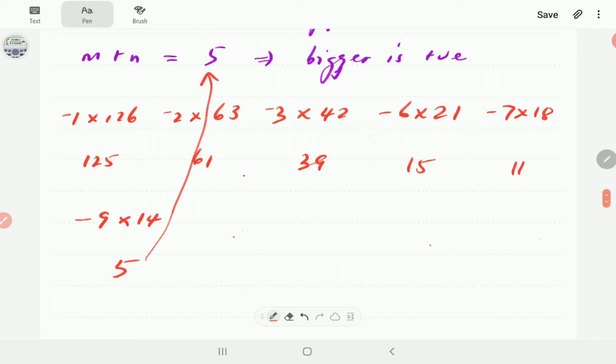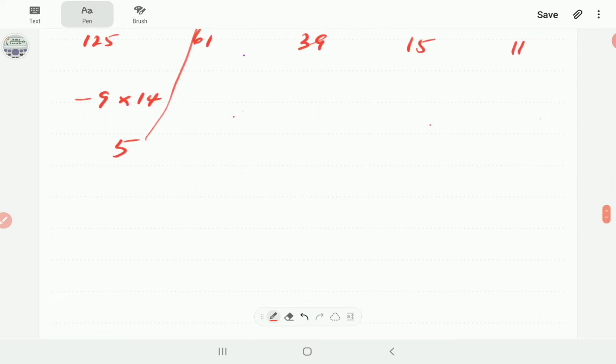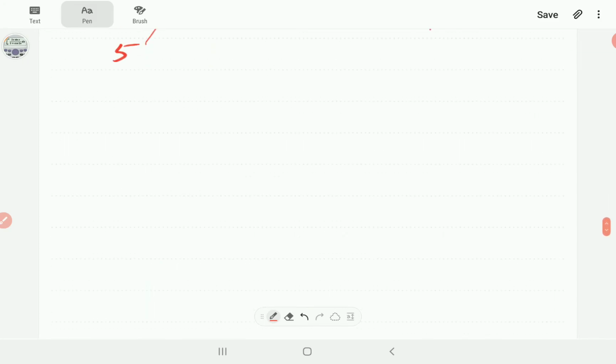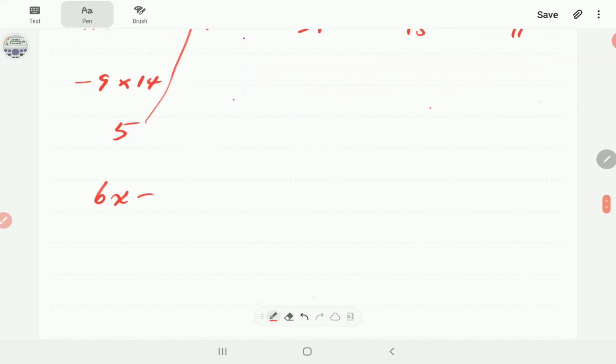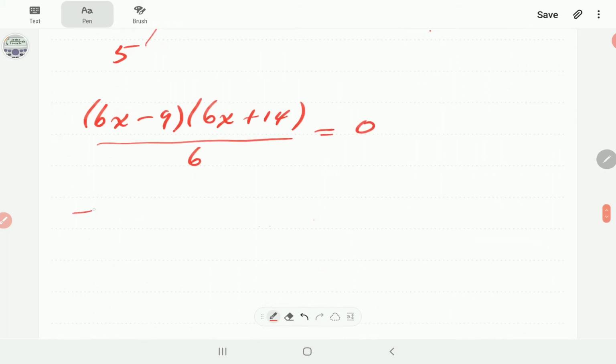So we've got our two numbers, and so we can factorize this now. So a is 6, so this thing is going to be 6x minus 9 times 6x plus 14, all over 6, is equal to 0.